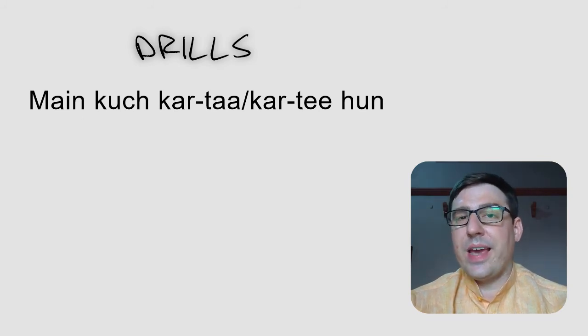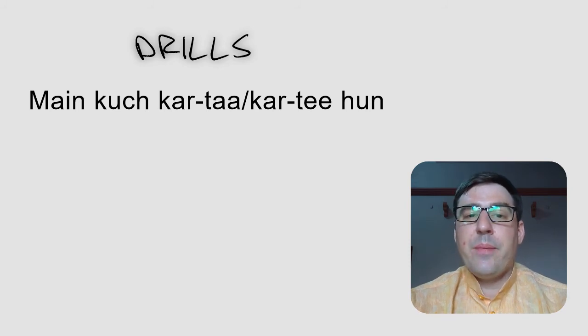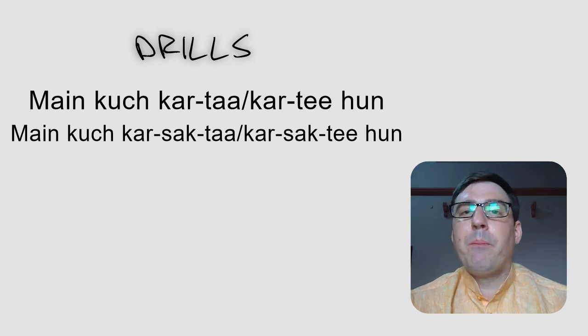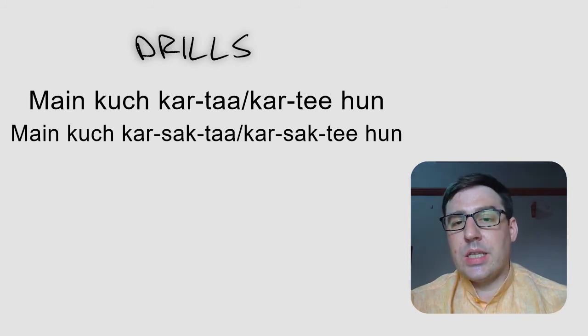How we would say I can do something is the next sentence, which is मैं कुछ कर सकता हूँ, or मैं कुछ कर सकती हूँ, if I'm speaking as a woman. I can do something, right?